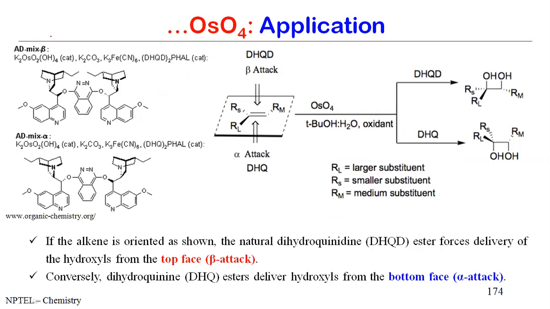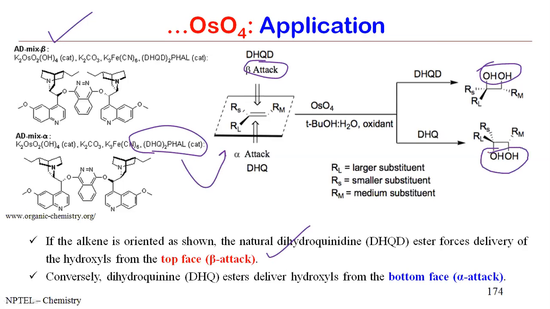If you are using beta, the OH species will attack from the top face, above the plane. This is called beta attack. If you are using the catalyst AD-mix alpha, DHQ, the attack takes place from the bottom side. So this we can easily understand. These are the roles of the catalyst.